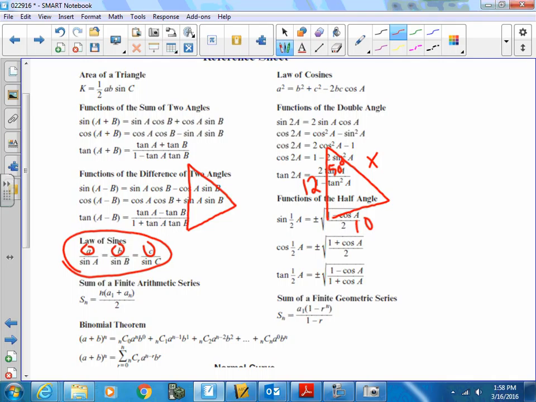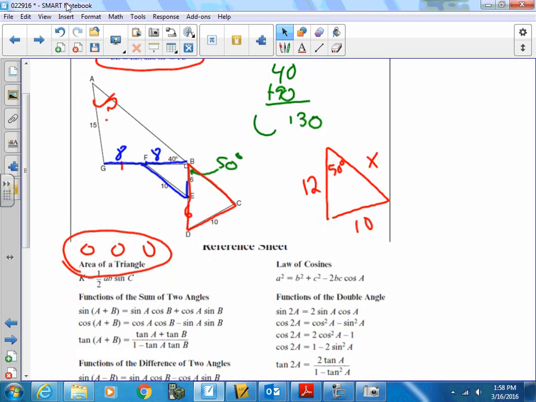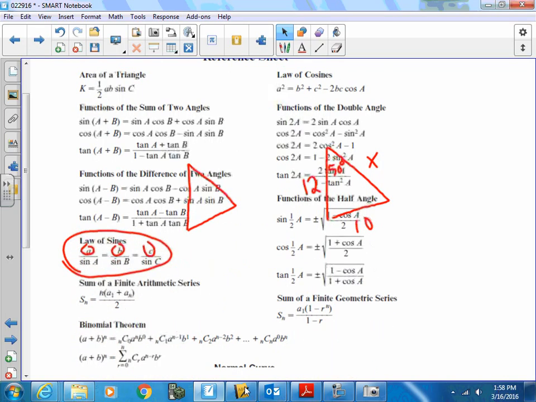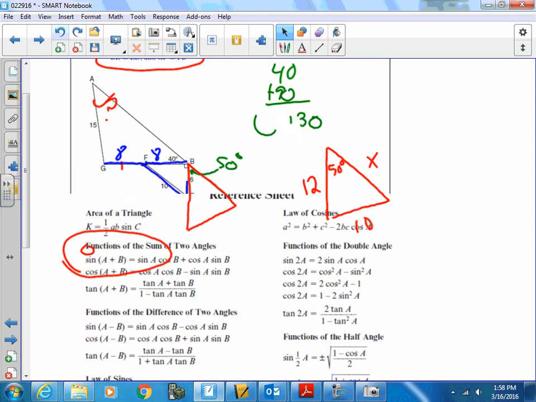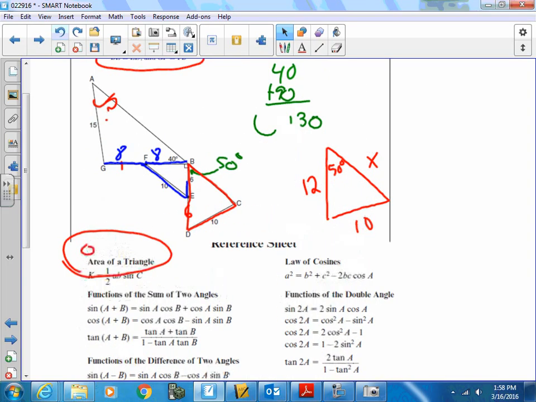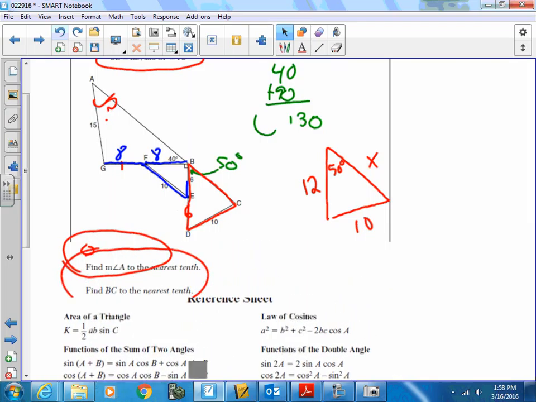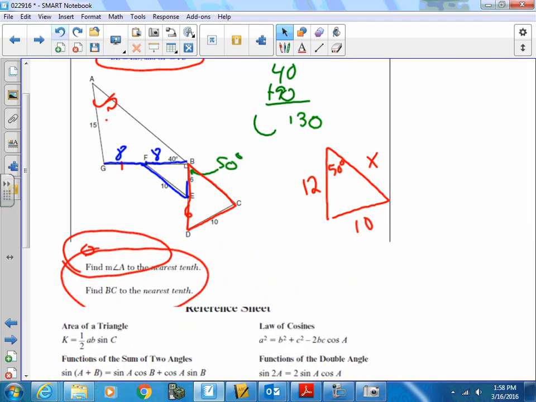So for instance, let's go back and look here. Okay, let's write down that formula here.